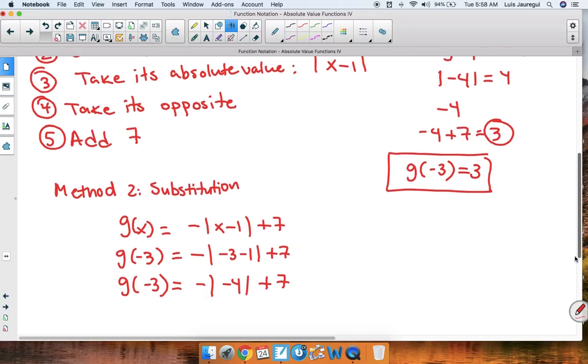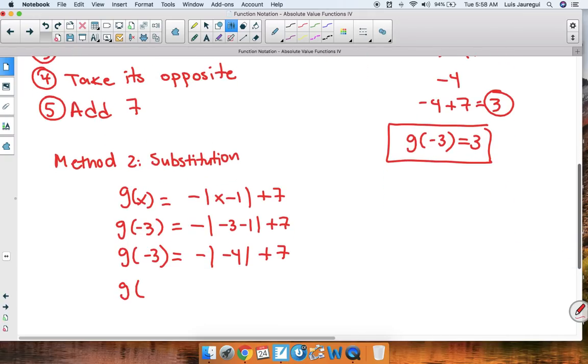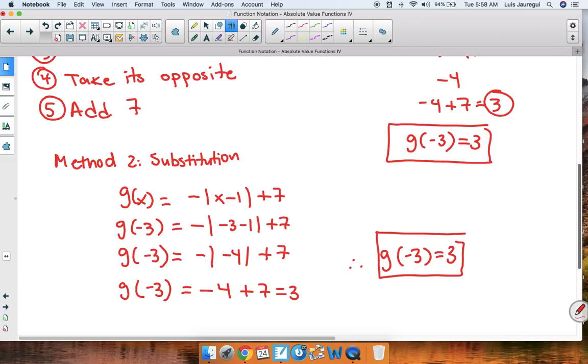Here, we're going to, once again, evaluate what's inside of the absolute value symbols. So we have g of -3 is equal to the opposite of absolute value of -4, which happens to be 4, plus 7. And -4 plus 7 gives you 3.